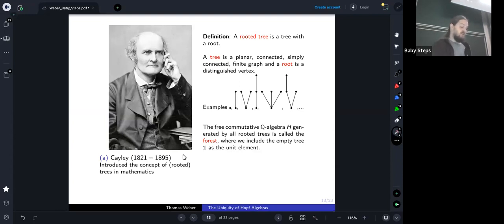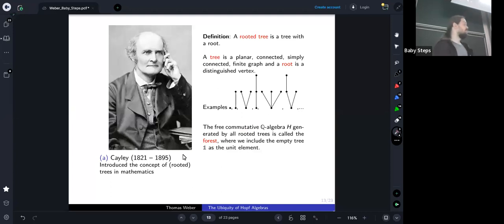Out of those, you can build an algebra. Let's call it H. So take the pre-Q algebra generated by all those trees. And we don't want to care about order, so we take all the non-ordered sets, which corresponds to a commutative algebra.